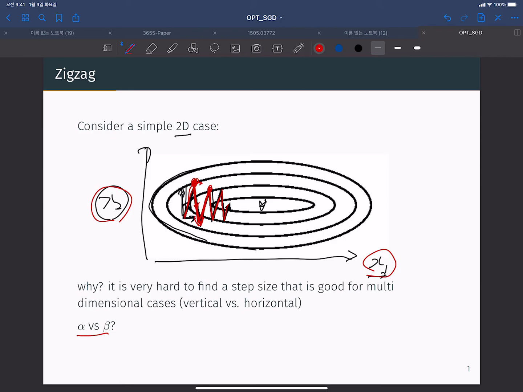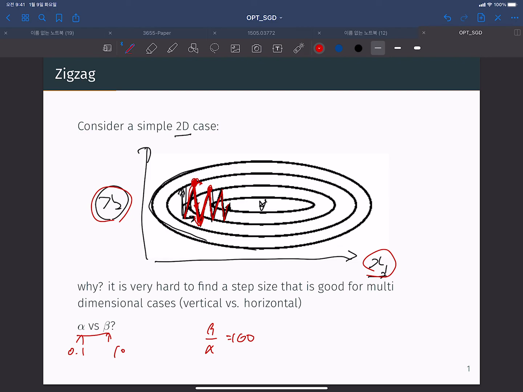If your alpha is 0.1 and your beta is 10, then beta over alpha is 100. And when you have a very high beta over alpha value, as we discussed earlier, the simple gradient descent algorithm cannot make very fast convergence.